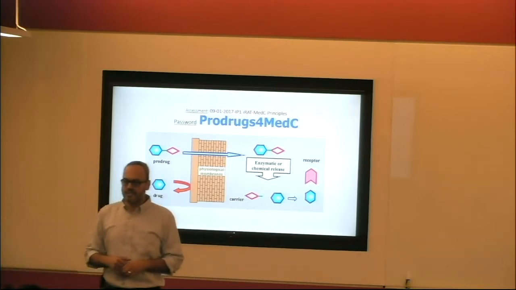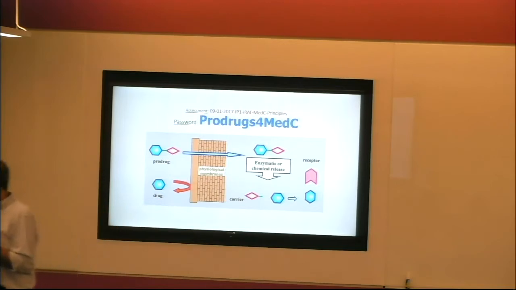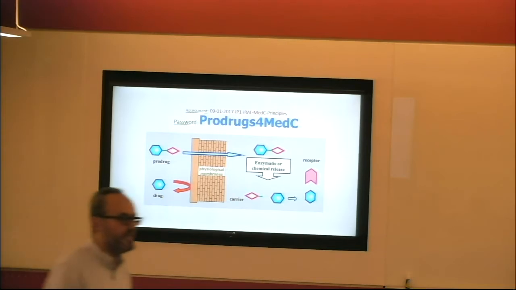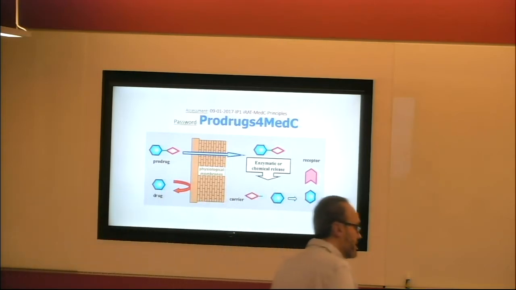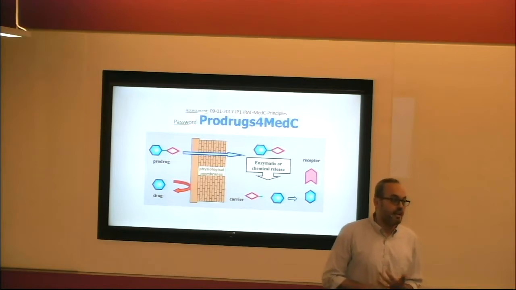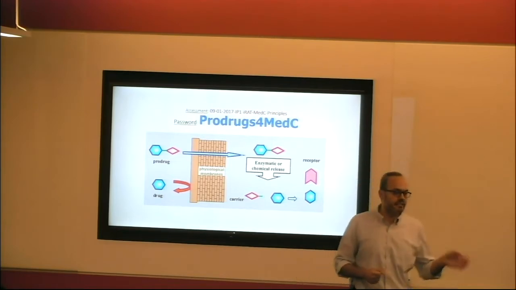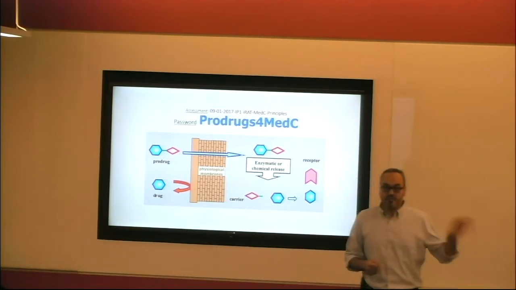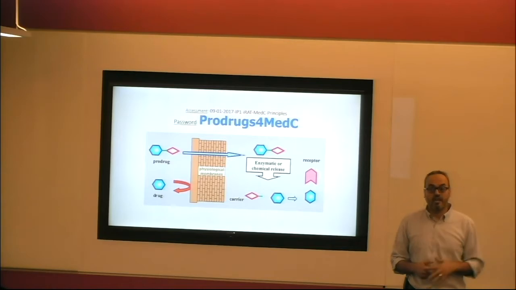So it's like a mask or a way to protect the drug just temporarily until we solve some problem. It could be absorption, could be metabolism, it could be crossing the blood-brain barrier. You know how the blood-brain barrier is very lipophilic, so sometimes we make the drug lipophilic until it crosses the blood-brain barrier, and then we rely on the enzymes there or some mechanism there to convert it to the active form.